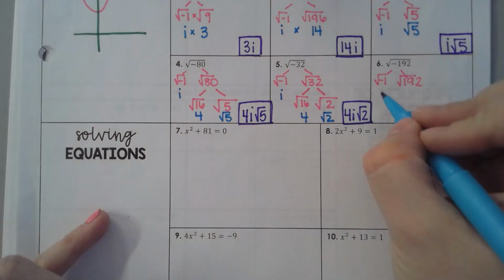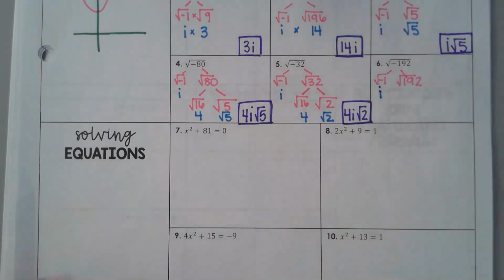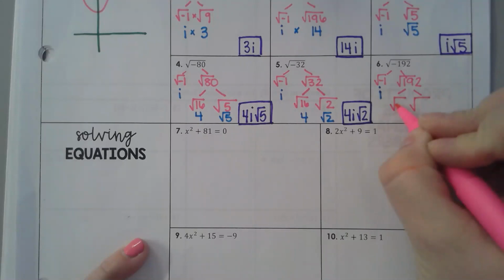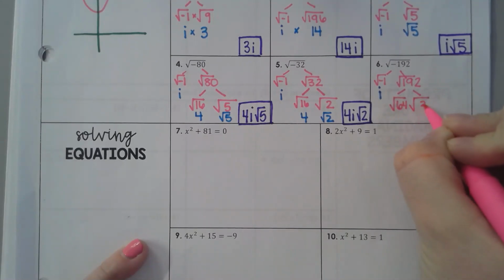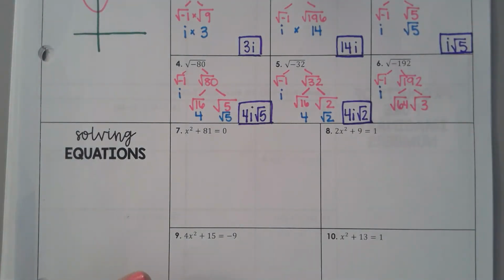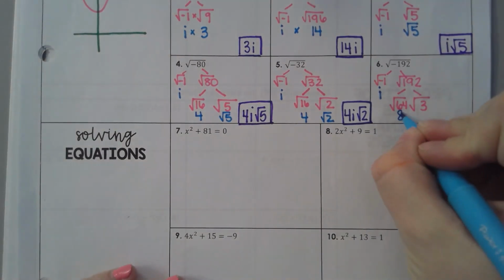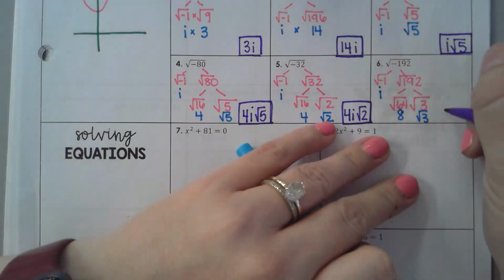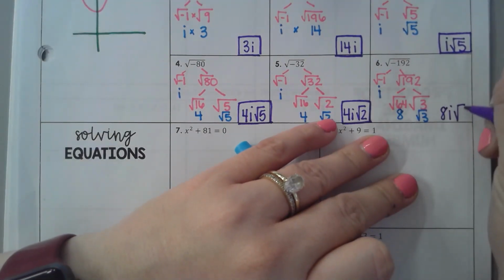We know that the square root of negative 1 is i. 192 is not a perfect square, so you have to split it up: 64 and 3. And the square root of 64 is 8. The last one, leave it down. So 8i square root of 3.